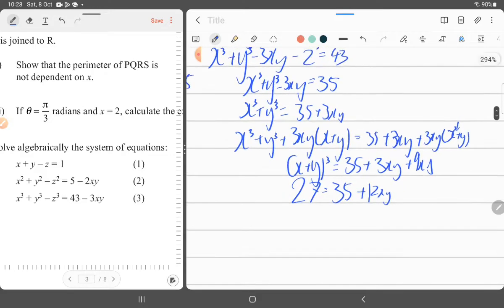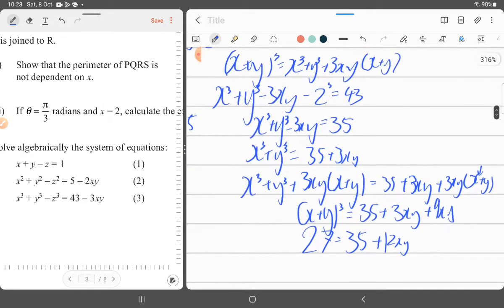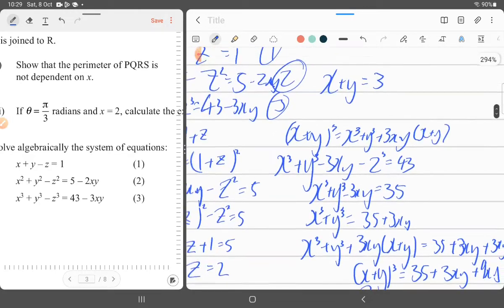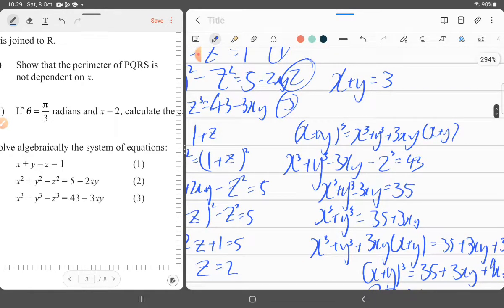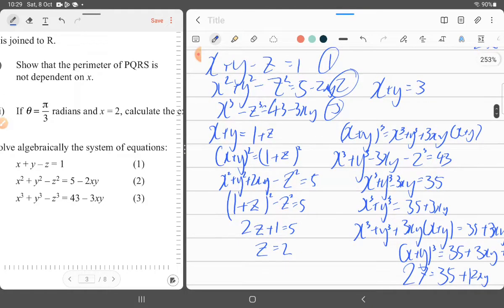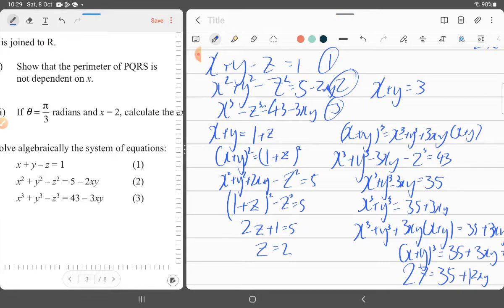Wait, this does not... I'm not sure if this is correct. X cubed take away. Is this correct?